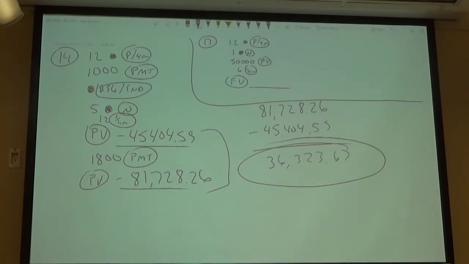And then the second piece of this, I'm sorry, 1 payment per year, for 1 year, $50,000 at 7%, what is the future value of it, okay? So, this is what we get.